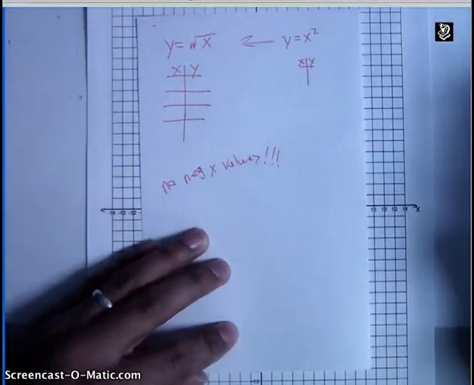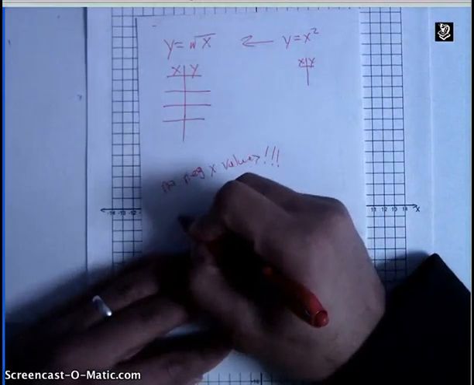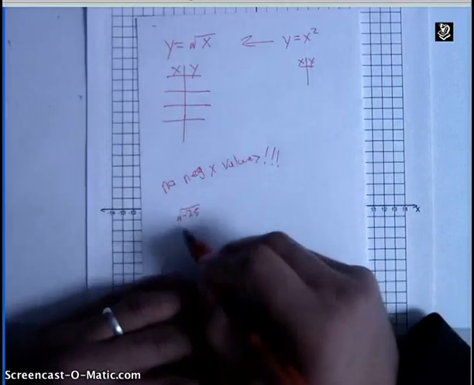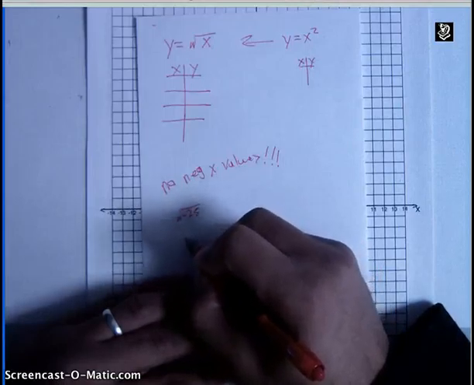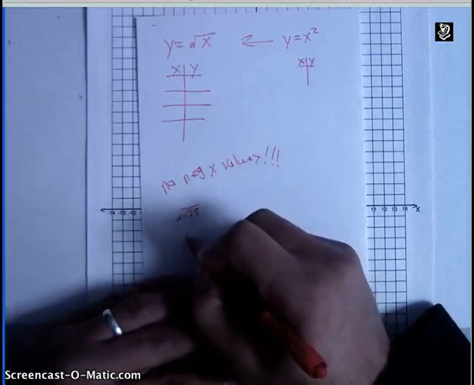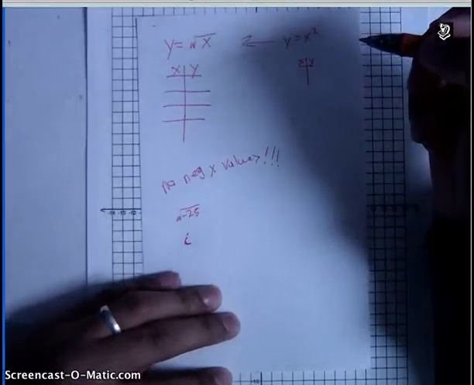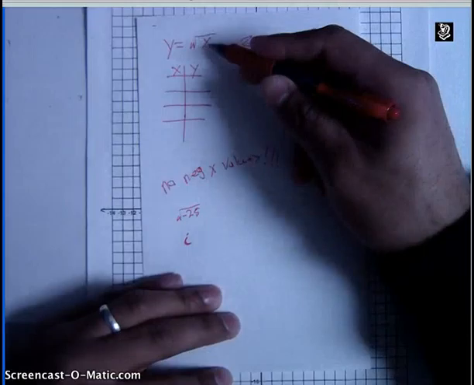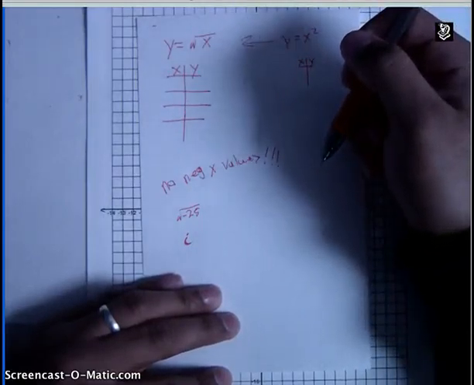And the reason we know that is because when we started talking about i, if we wanted to take the square root of -25, this is imaginary, and we would have to take an i out, and therefore it will not fit on our graph because this is an imaginary number. So if it's negative on the inside of there, it's imaginary. We can't graph it unless we use the imaginary number plane.